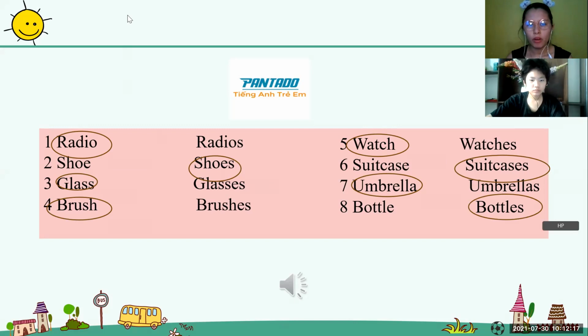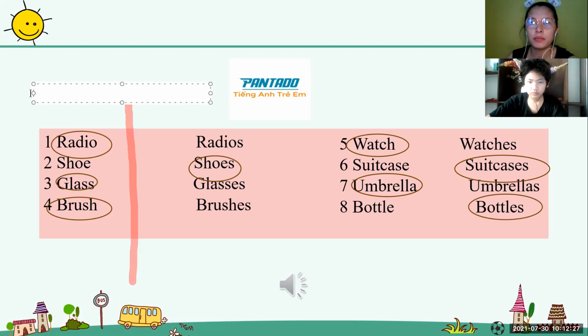Okay, there you are. As you can observe, the first row are singular. They are singular, it means only one. Singular nouns. And on the other side, they are plural nouns. It means many.